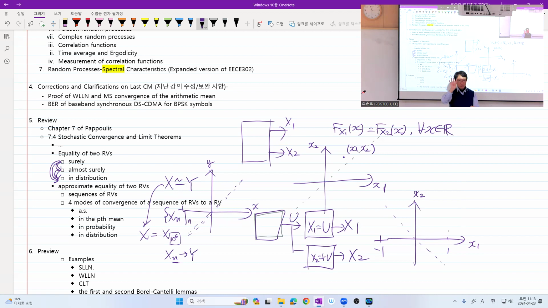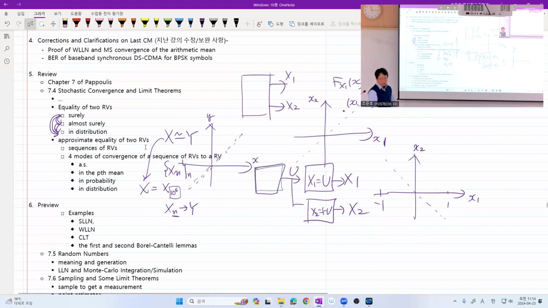So we have 4 modes of convergence, and 3 of them are the same: almost sure convergence, convergence in the p-th mean, and convergence in probability measure, simply in probability. The last one is related to what? This one: convergence in distribution. So we have 4 modes, or 4 different definitions, of convergence of a sequence of random variables.